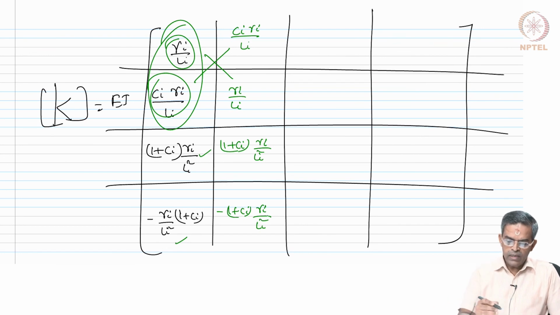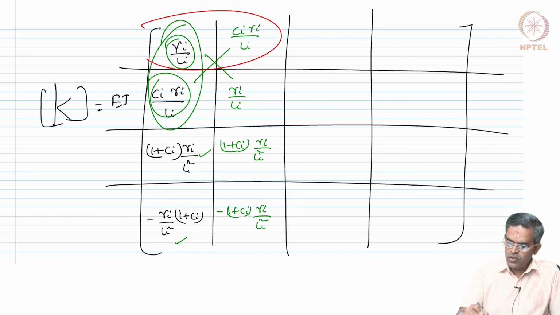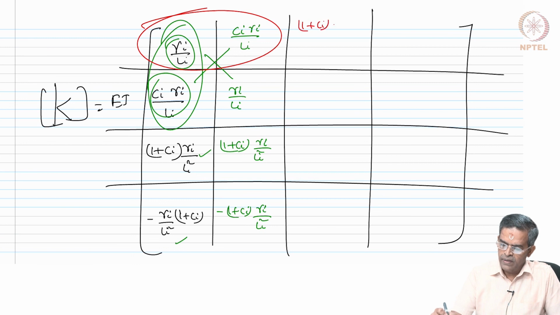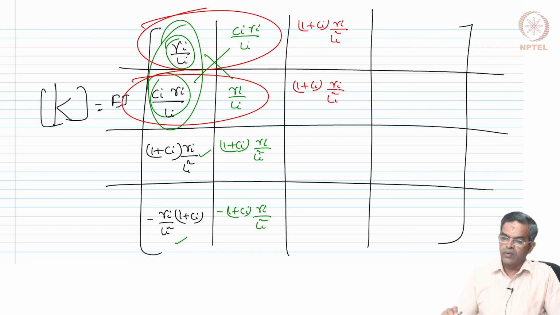Now, to get this, the sum of these two by L, we did the same thing in beams also, isn't it? So, 1 plus Ci into Ri by Li square. Similarly, the sum of these two by L, 1 plus Ci into Ri by Li square.